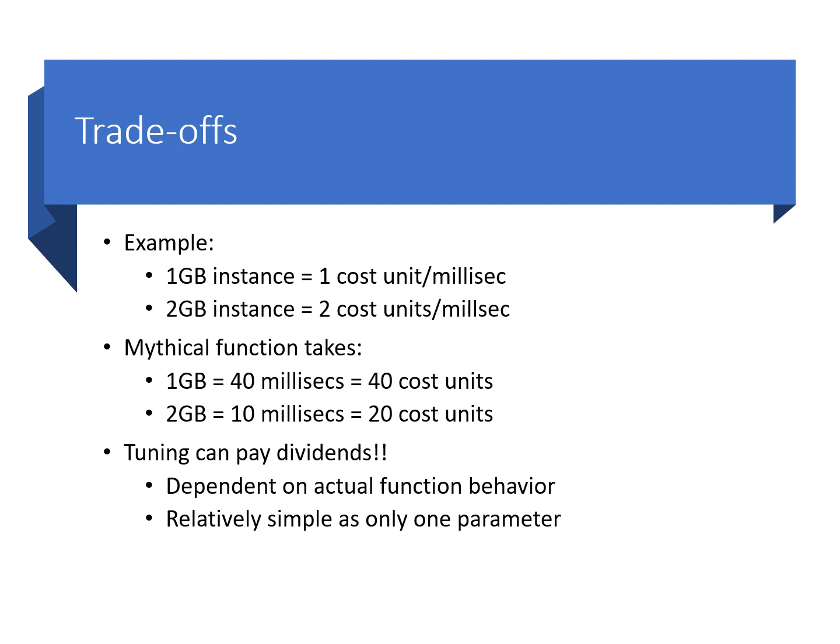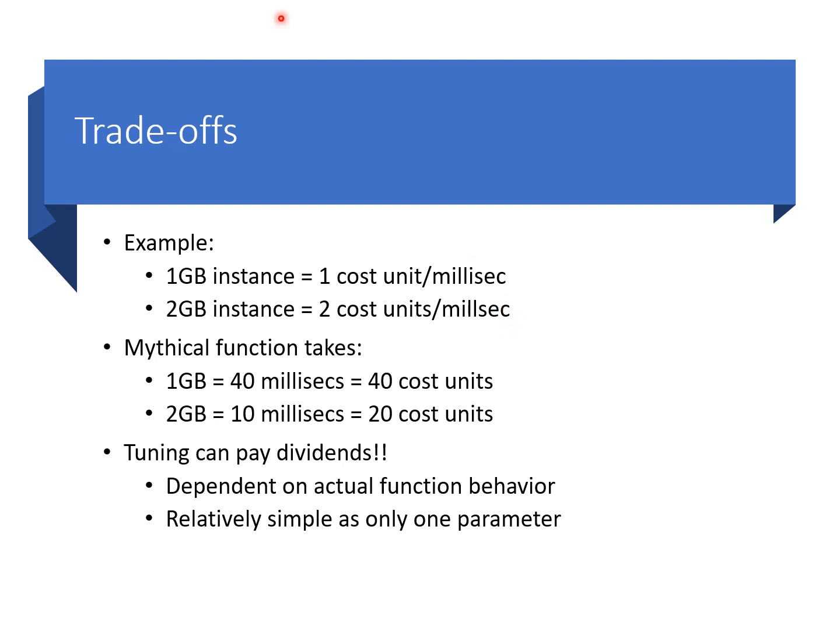Let's examine a simple scenario based on the costs for 1 GB and 2 GB instances and assume that 1 millisecond of execution on a 1 GB instance incurs 1 mythical cost unit, and a millisecond on a 2 GB instance incurs 2 of these mythical cost units.